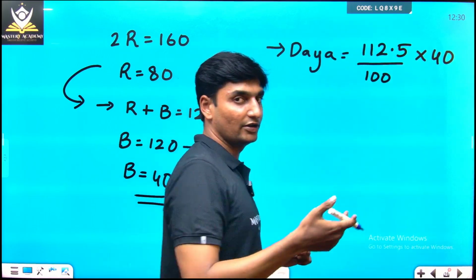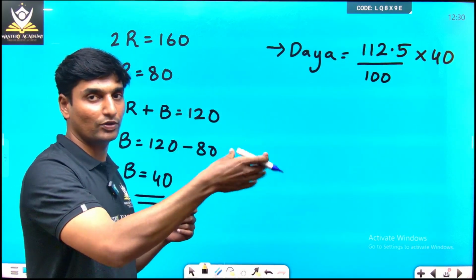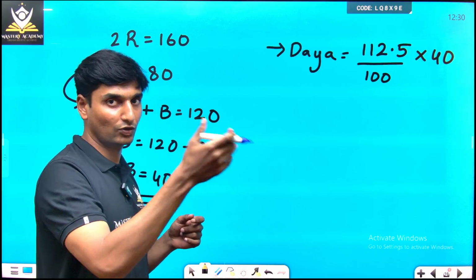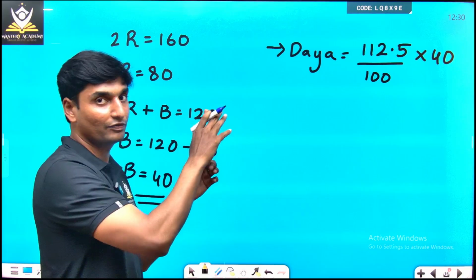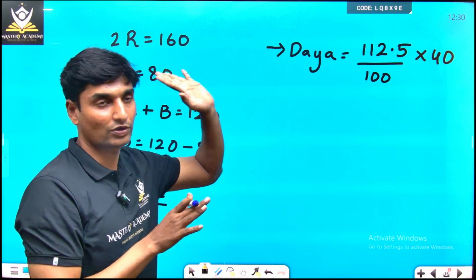Or you can write separately 40 plus 12.5 divided by 100 into 40. 40 will be constant, 100 into 1, 100 plus 12.5 is 112.5, the same step. That is what I've written directly.